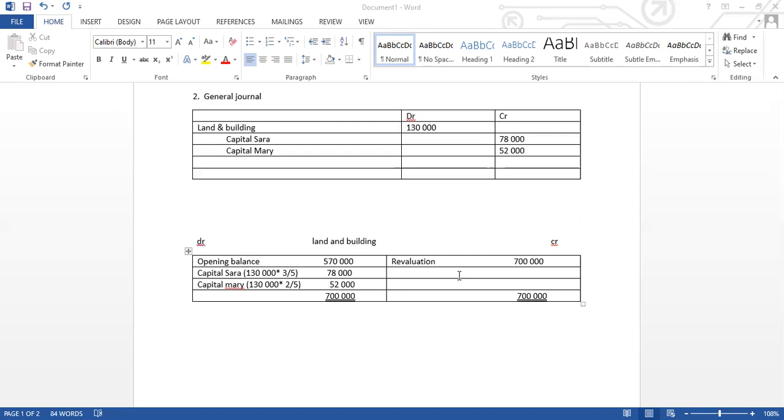We said that loss on revaluation is recorded on the debit side of your capital account. So your capital accounts will therefore be debited, and then land and building will be credited. So that's the main thing that you need to know. Loss on revaluation of assets is debited to your capital account, and profit or an increase in the revaluation is credited to your capital accounts.